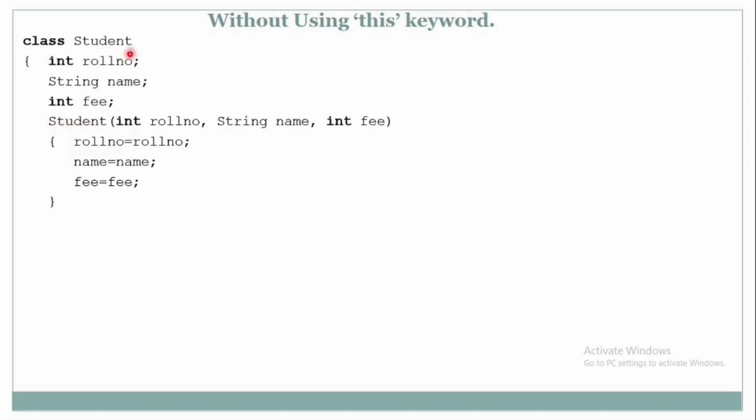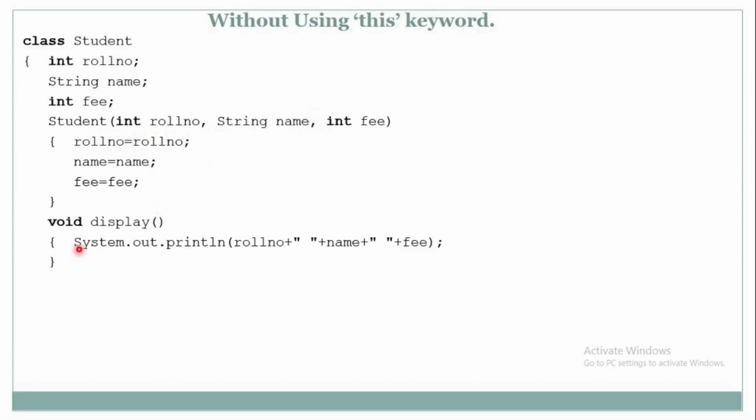The constructor name is the same as the class name, a constructor doesn't have any return type, and it is used to initialize the data members. This constructor has certain parameters, so it is also an example of a parameterized constructor.